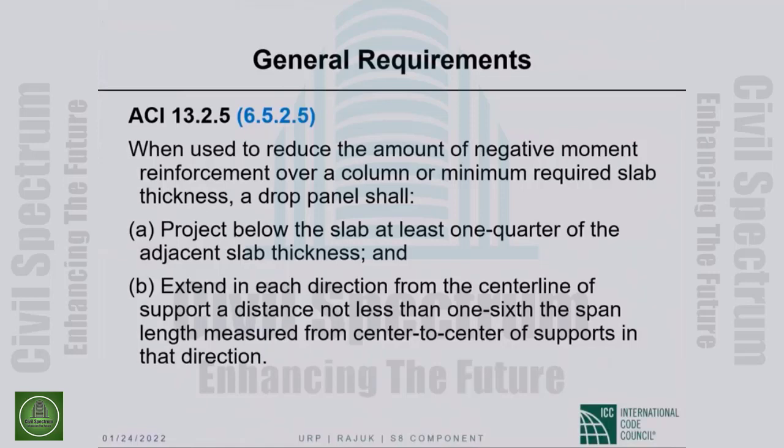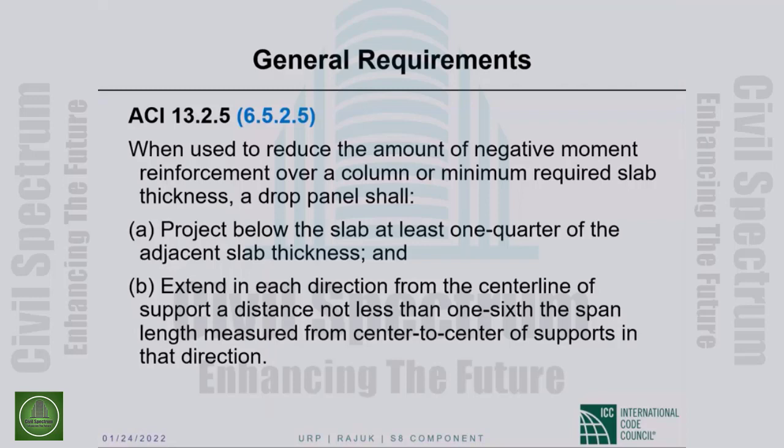Now, the slab thickenings that I discussed with you, when used to reduce the amount of negative moment reinforcement over a column or minimum required slab thickness, a drop panel, so the local thickening of the slab, I said, is mainly for reasons of punching shear, but it is also utilized to reduce the amount of negative moment reinforcement over the column or to reduce the minimum required slab thickness outside of the drop panel.